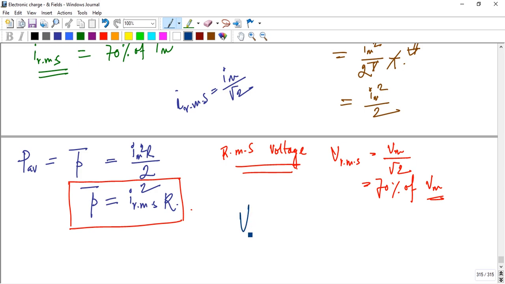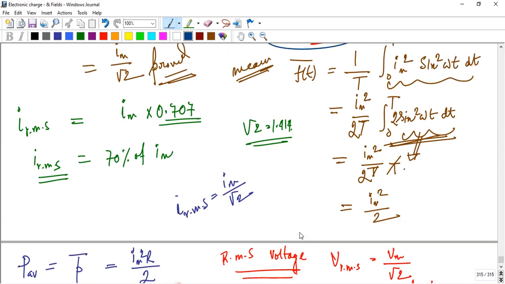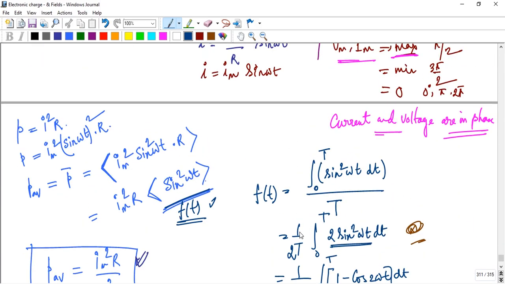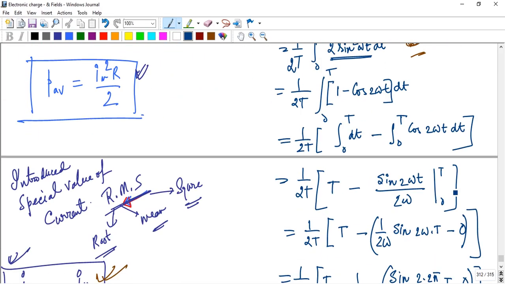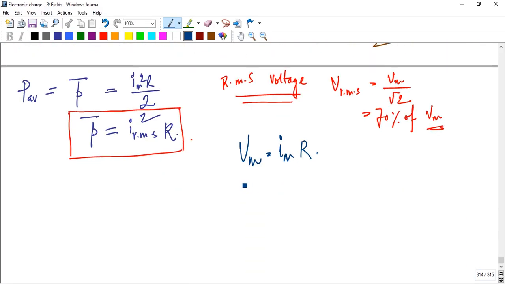From Ohm's law, Vm equals Im times R, and Im equals Vm by R. If I multiply both sides by R, we get V RMS equal to I RMS times R.